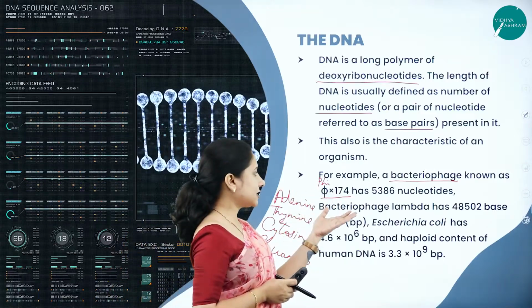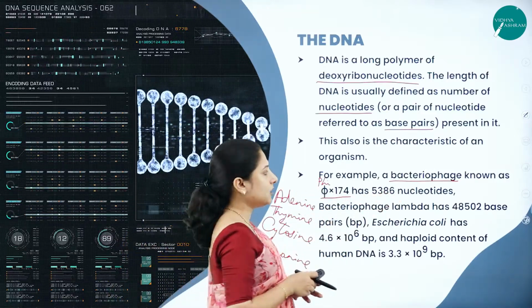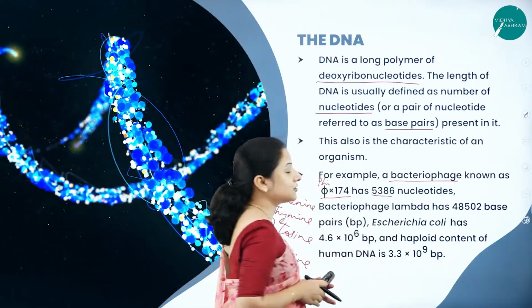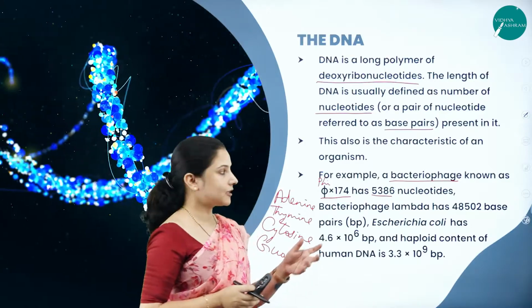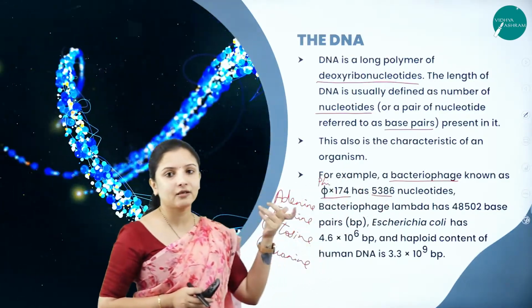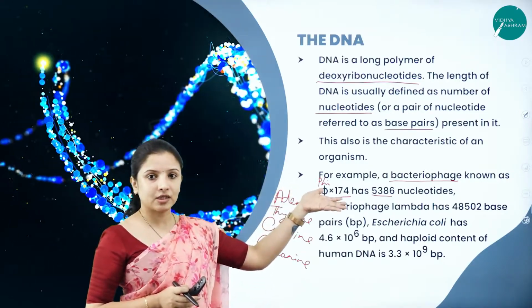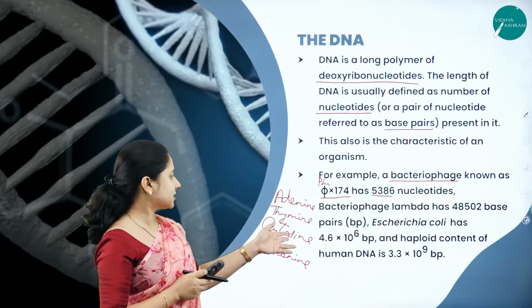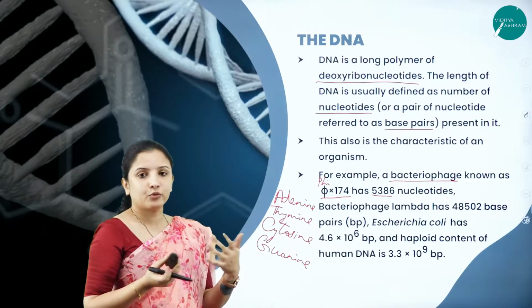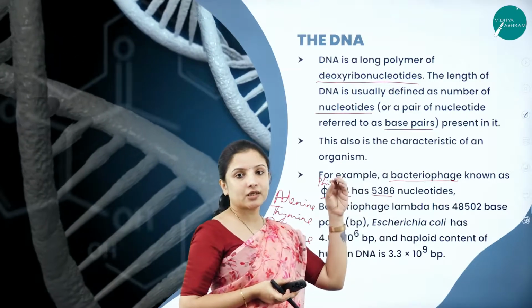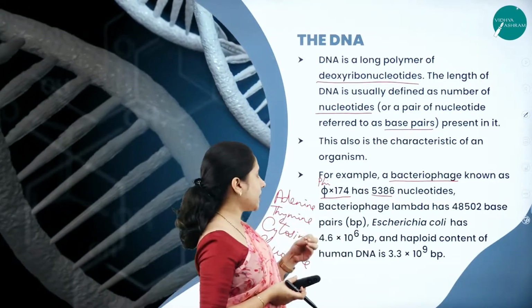This particular bacteriophage has a DNA length of 5386 nucleotides. How did they find out that 5386 nucleotides are there? They counted how many adenine, thymine, cytosine and guanine it is made up of, and putting everything together, they found that it is made up of 5386 nucleotides.